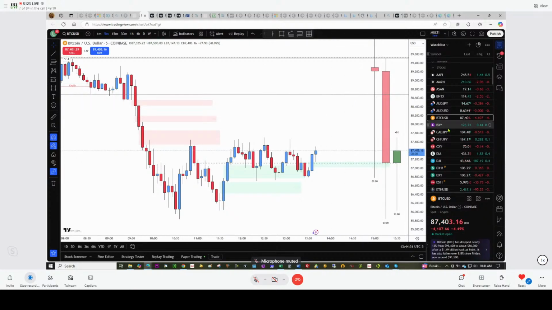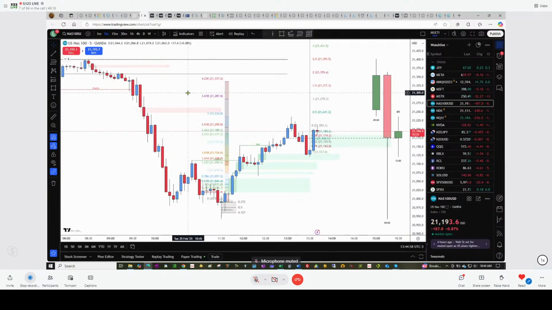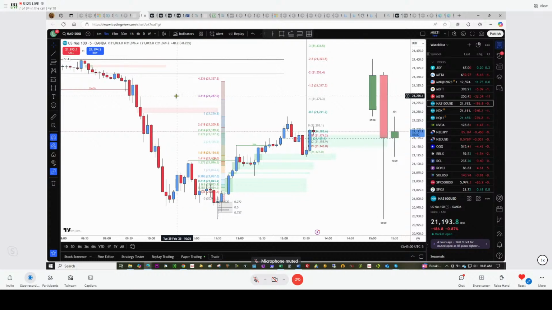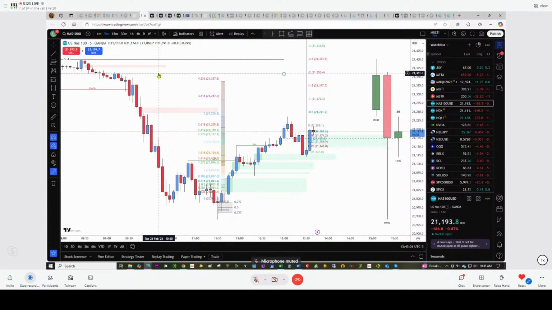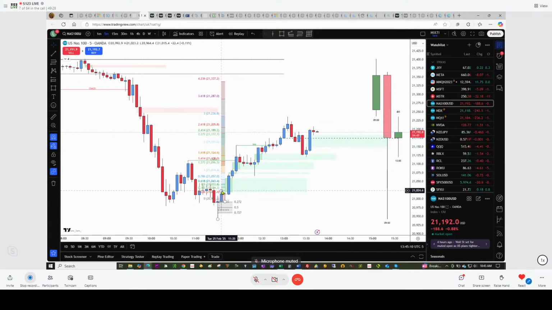But the overall trend on the NASDAQ appears to be down. And so that would give you some consideration if you're going for a longer term to be careful of trades going north or up.